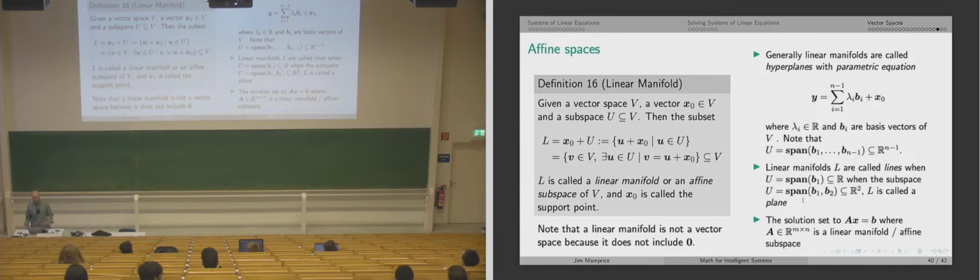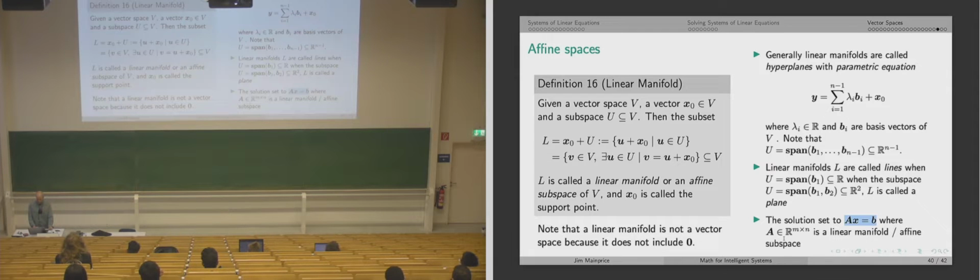So yeah, affine spaces are interesting from the system of linear equations point of view, because the solution set of AX = B, so of a general system of linear equations, is an affine subspace, a linear manifold.